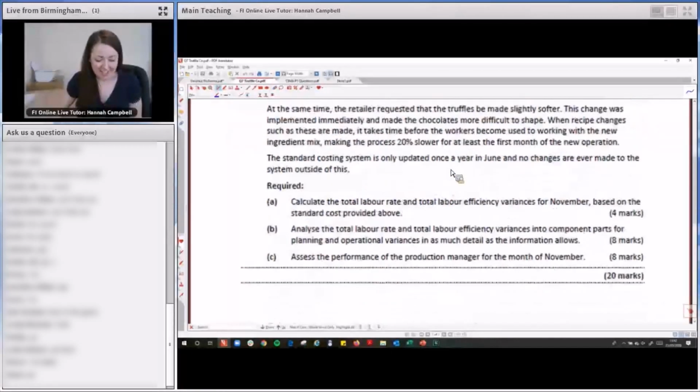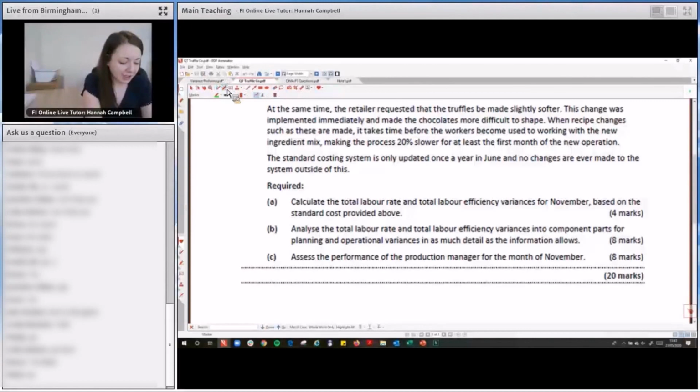Right then, so this is a 20-mark question from PM, section C. I've picked this question because part A, for 4 marks, is to calculate basic variances. You would actually need those basic variance formulas also to do your operational and planning variances, which is part B, but we're just going to focus on part A. We need to nail the basics so we get good at the advanced questions, which are obviously always going to be worth more marks.